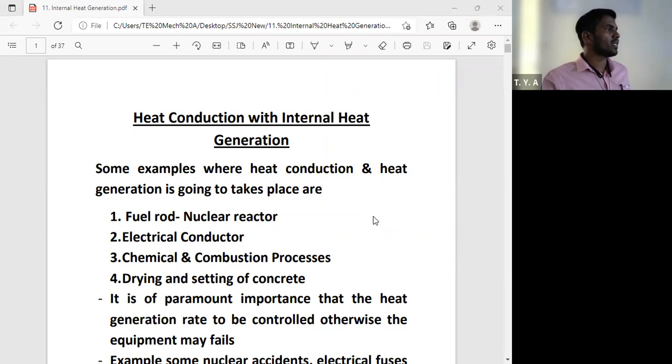The insulation up to which what will happen? Heat transfer rate will increase, and after that heat transfer rate will decrease. Up to the peak point, what will happen? Heat transfer rate will increase, and after that point, heat transfer rate will decrease. That is nothing but the critical thickness of the insulation.